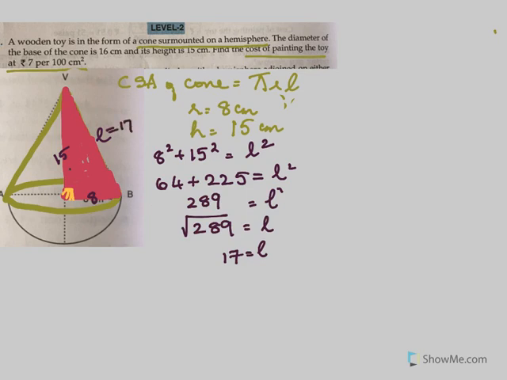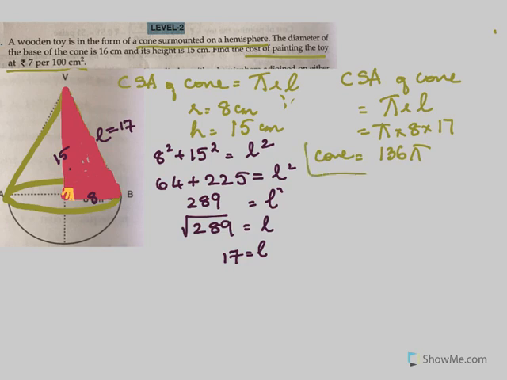So this L is 17. Now when I go back here and I want to find the CSA of cone, I'm going to do pi RL. That is pi, and my R I know is 8 and my L is 17. So this works out to 136 pi. So we found that of the cone.